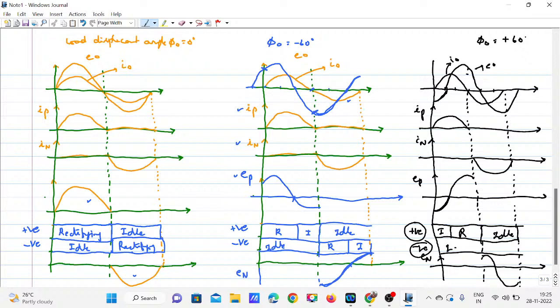Initially for negative, the first half cycle is idle. After that the voltage is coming positive, so the negative group with positive voltage is inversion. Negative coming in negative is rectifying. Very simple concept. This is for phi naught equal to plus 60 degree.